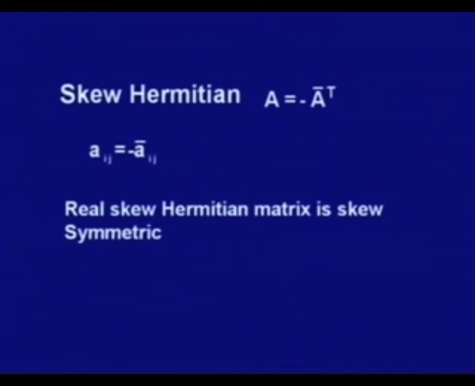So, if this property is satisfied, then we say the matrix is a skew Hermitian matrix. Now, this is the result which can be said about real matrices: a real skew Hermitian matrix is skew symmetric, because for a real skew symmetric matrix, A bar transpose is equal to A transpose, and that gives us a skew symmetric matrix.